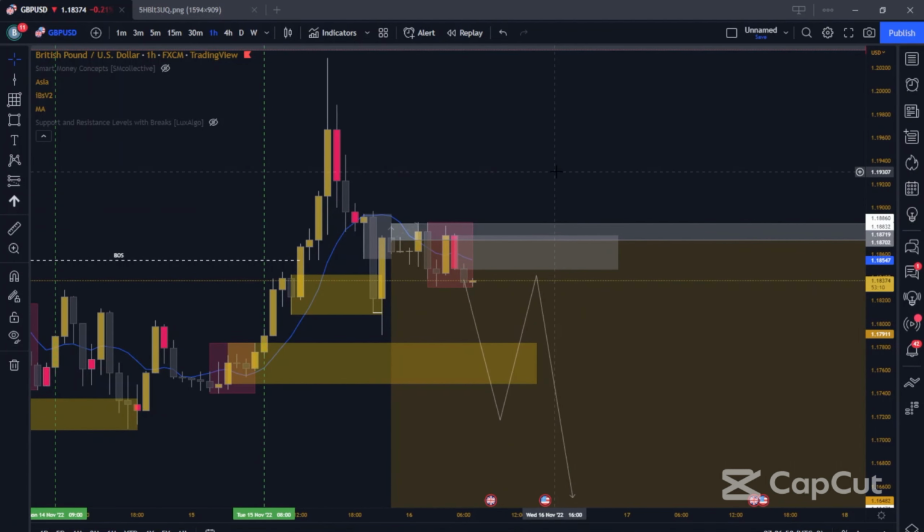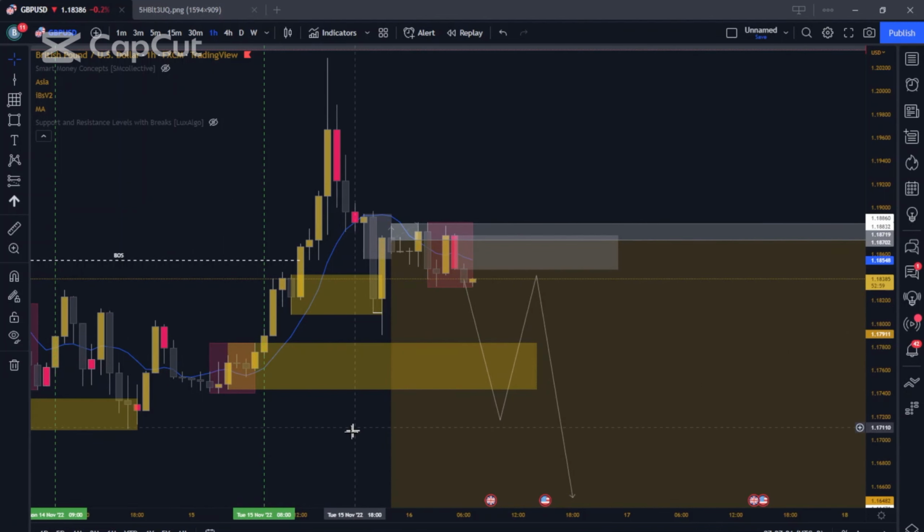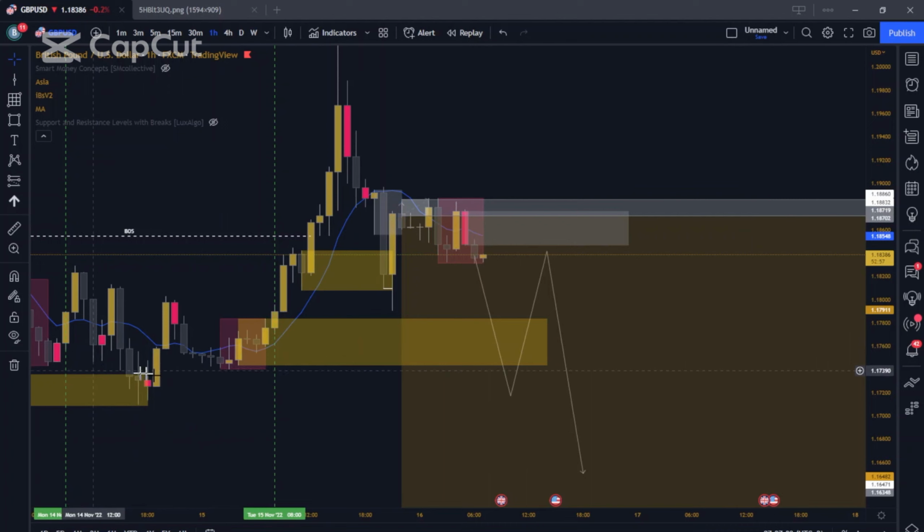So GBP USD, we're looking for a flip of this demand down here. Remember, I've chosen a whole range, not just a candle. So we're looking for a flip of this. This demand includes this structure down here. So if we get a break of that demand, structure has been broken.